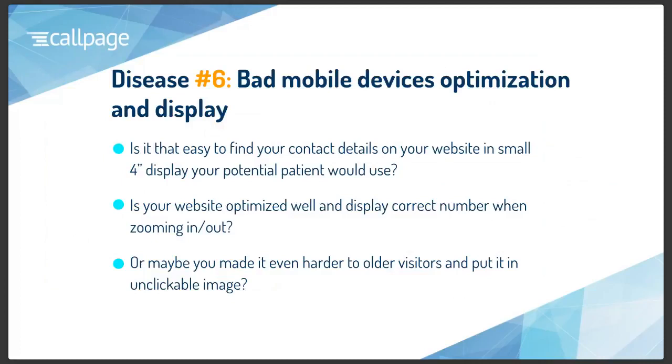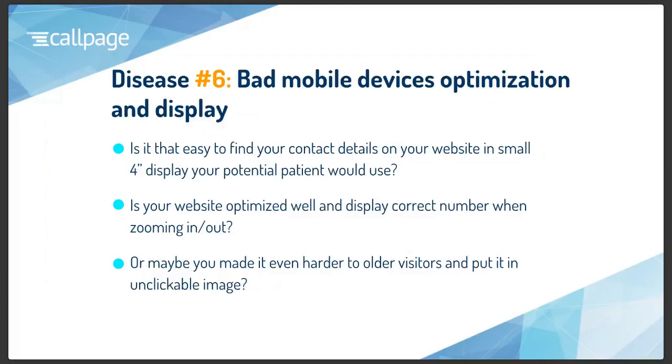And some websites actually are not that well optimized when it comes to mobile devices. It requires great effort to get one's mobile device to display the website properly and find the contact details.